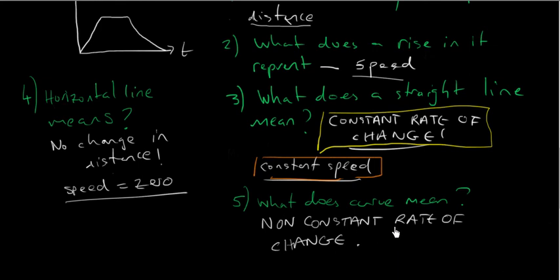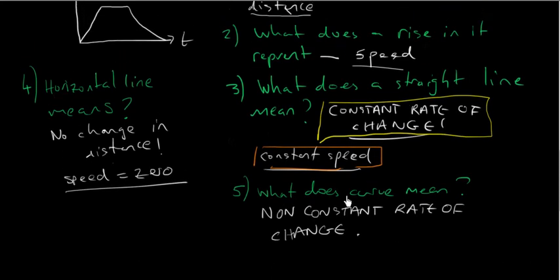So here, a non-constant rate of change would mean there's an acceleration. If there is a non-constant rate of change of distance, then there is a changing speed. Non-constant rate of change in what? In whatever's on the y-axis.